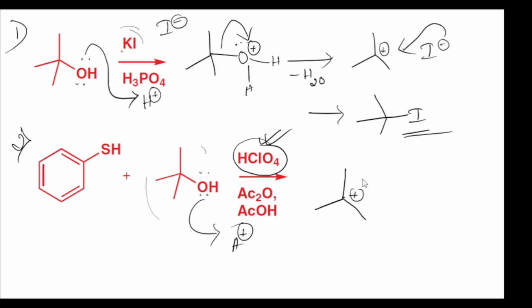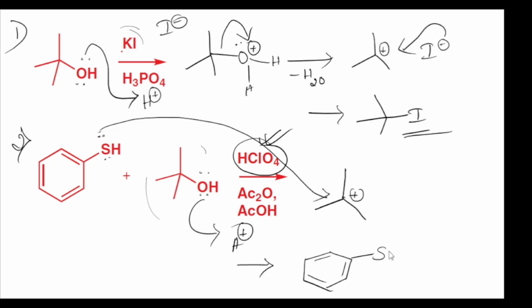And here we have a nucleophile, and this sulfur, which belongs to the oxygen family, also has two lone pairs. It will attack this carbocation to give the final product, which I will write over here. Here sulfur is there, and after losing a proton, only two bonds will form. This is the major product.